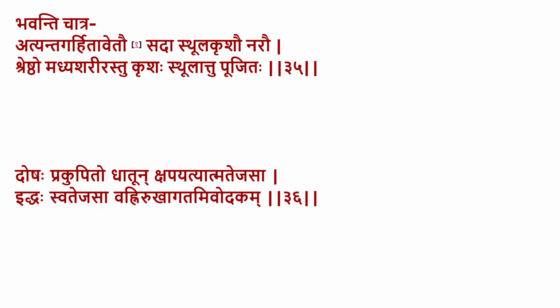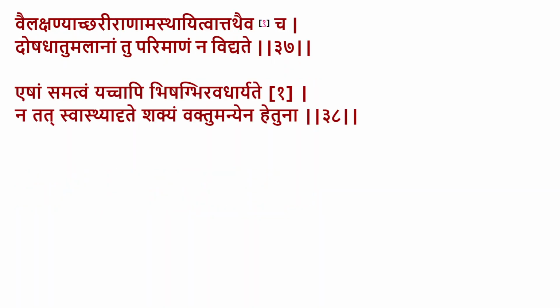A simile is given, like water which is dried up in a hot chamber. Ukha is a hot chamber, so if water is kept in a hot chamber, it gets dried up. Similarly, a vitiated dhatu can result in involvement of more and more of the dhatus.